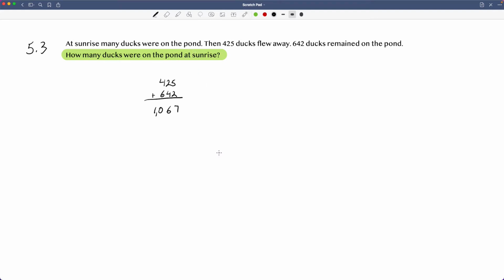So you can see, you just have to really understand what's actually happening in the problem. Visualize, and it's okay if you want to draw a sketch. That's actually a really good way to do it. If you want to draw a little pond here on your paper, and you want to say, okay, I've got some amount of ducks here.